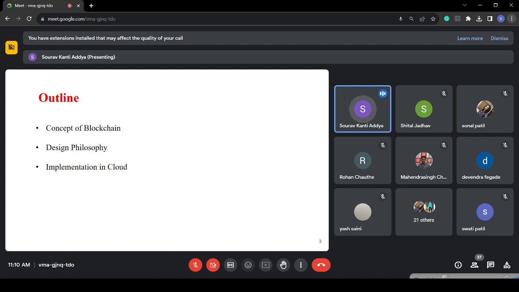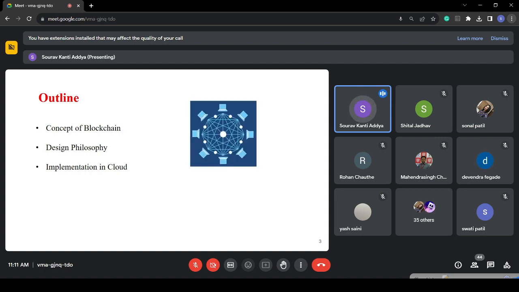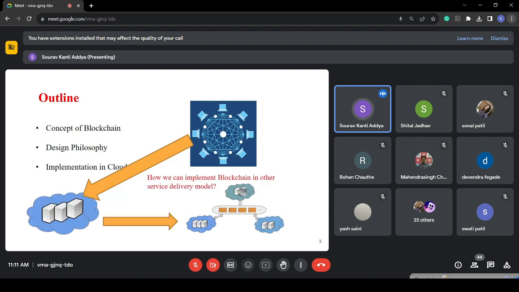I am sure that after completion of this talk, you will have lots of questions in your mind when you go back home. As I told, I will talk about blockchain first, and then I will adopt blockchain, the mapping from one technology to another concept, to cloud, and finally we will look at a model that has cloud with blockchain.